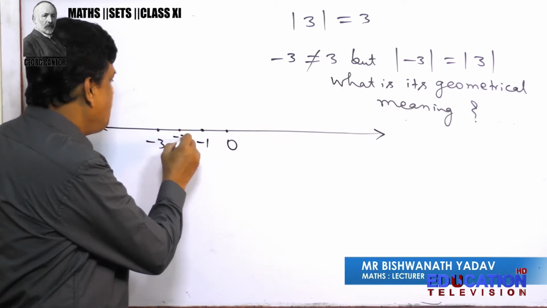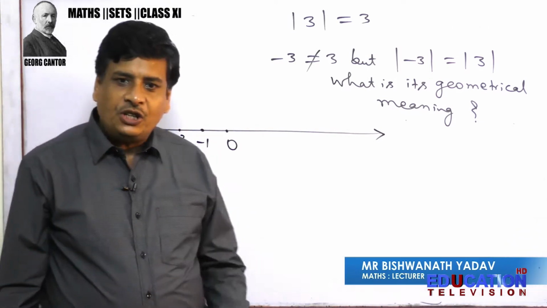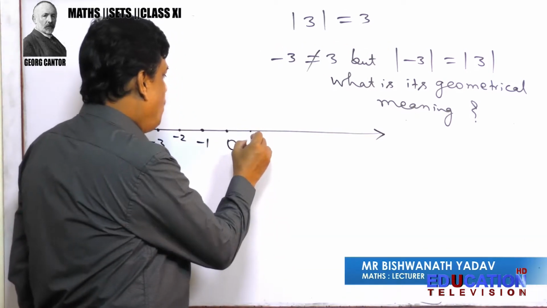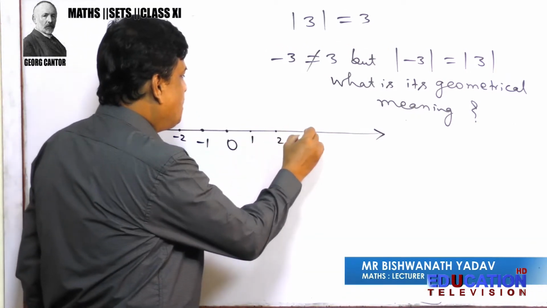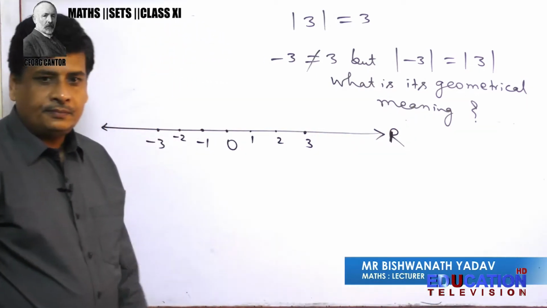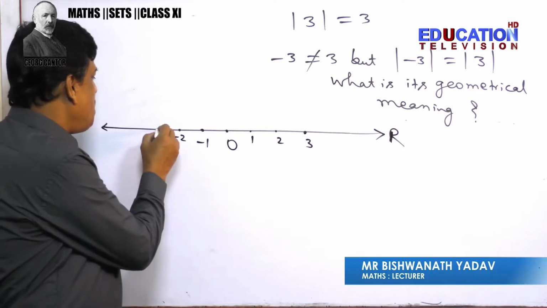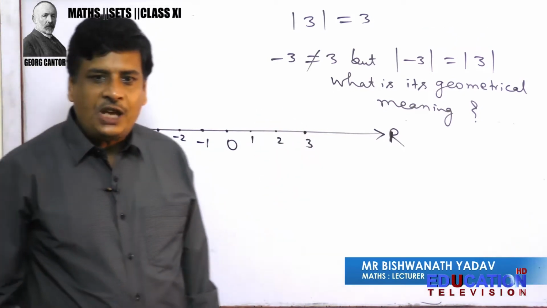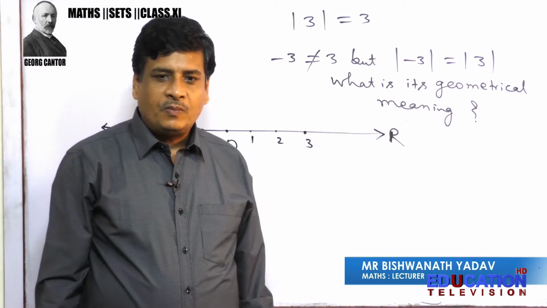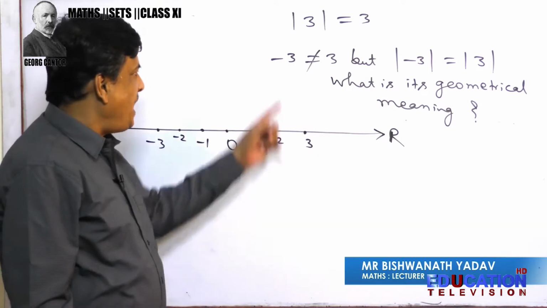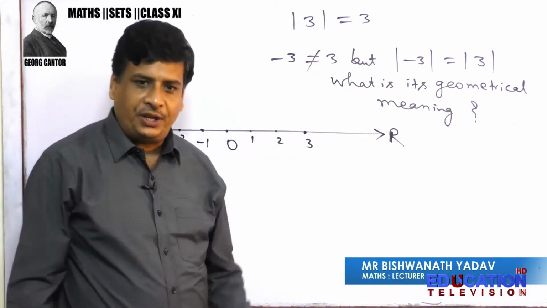Minus 1, minus 2 also lie on the left side of 0 as being negative. 1, 2, 3. So the positions of minus 3 and plus 3 are not the same. These represent different points on the line. So we write minus 3 is different from plus 3.